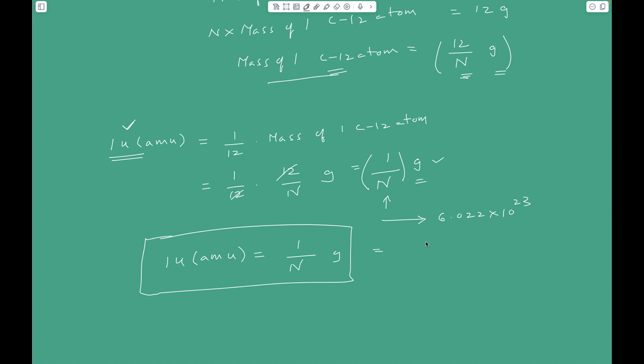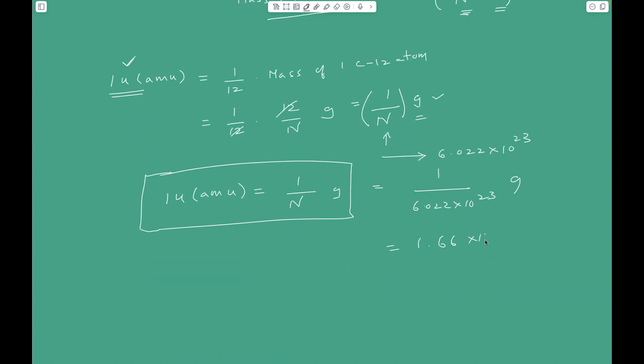And if you substitute the value of N here, that is 6.022 times 10 to the power of 23, and simplify this fraction, you will get its value to be approximately 1.66 times 10 to the power of minus 24 grams, or 1.66 times 10 to the power of minus 27 kilograms.